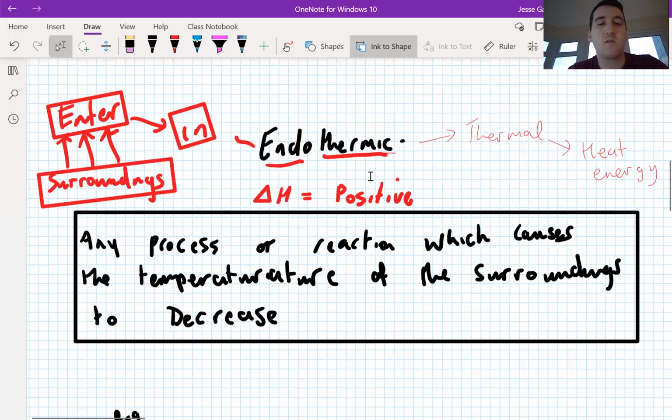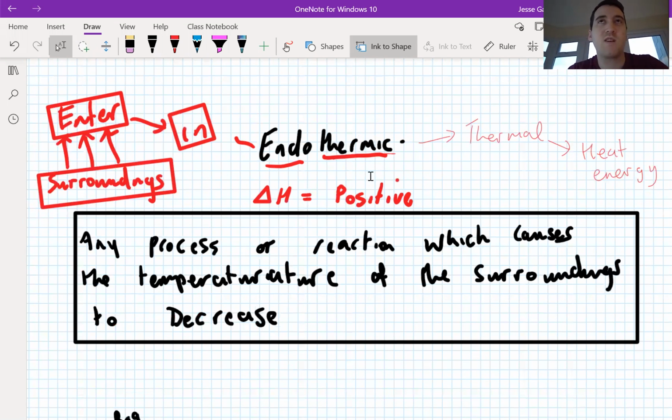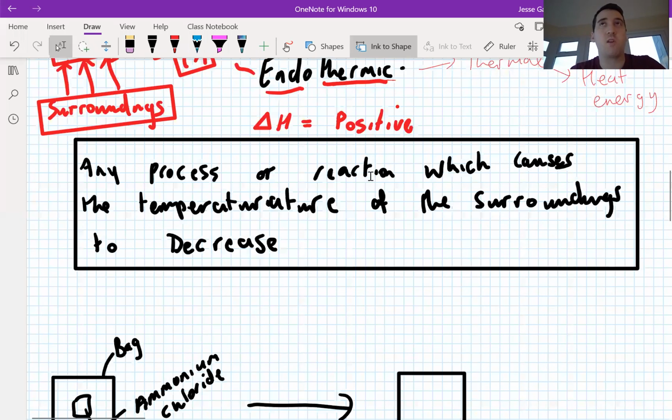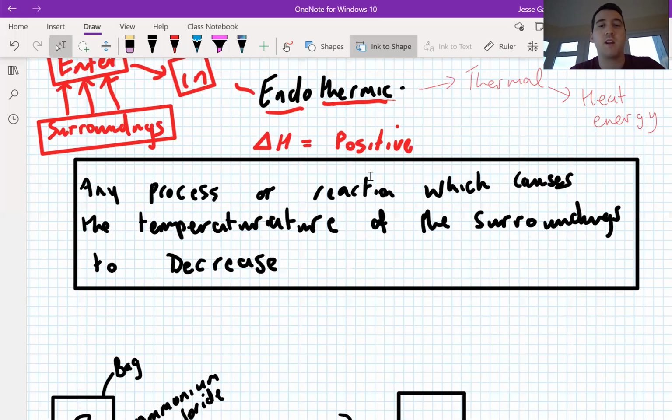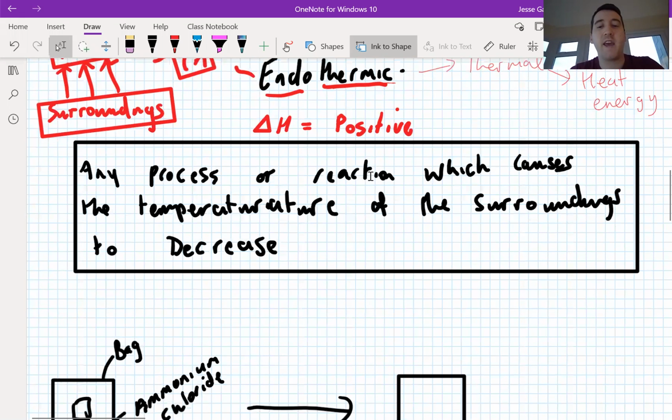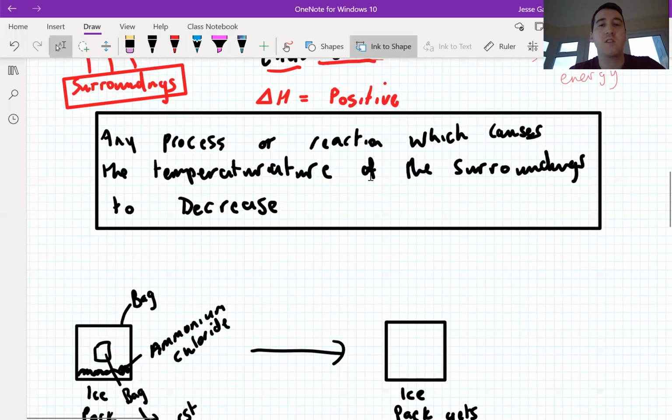It's a process or a reaction which causes the temperature of the surroundings to decrease because energy is taken in, or energy is transferred from the surroundings to the system. Okay. Examples of endothermic are ice packs, or dissolving ammonium chloride in water, which is what happens inside an ice pack. Frying an egg would be another example. And photosynthesis is a really, really important example.